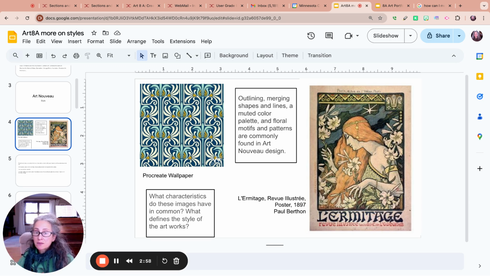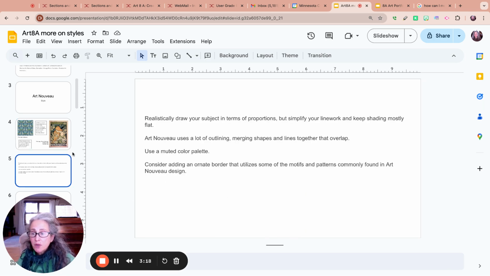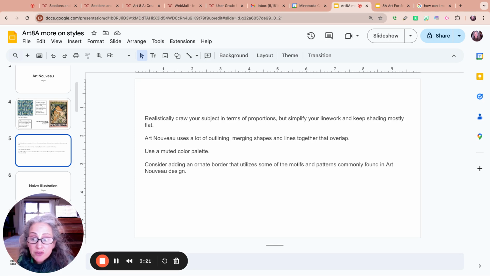If you look at that little box, maybe you were thinking outlining, merging shapes and lines, a muted color palette, floral motifs and patterns. And those are all commonly found in Art Nouveau design. And I have a little video where I take you through creating an Art Nouveau design. In that video, I create a border with a natural flowing motif, and then I realistically but simply draw my subject in the middle of that border.